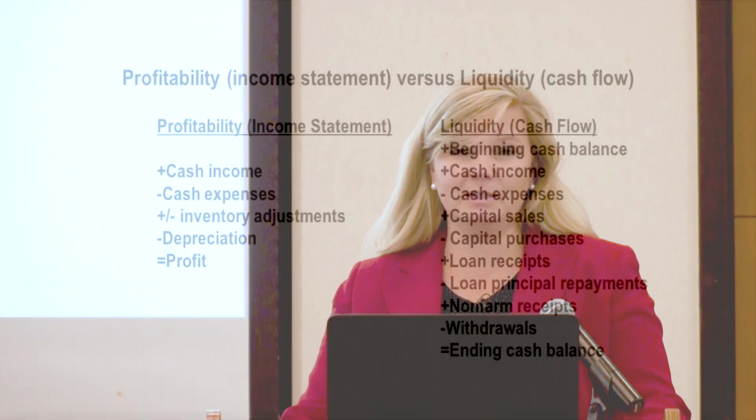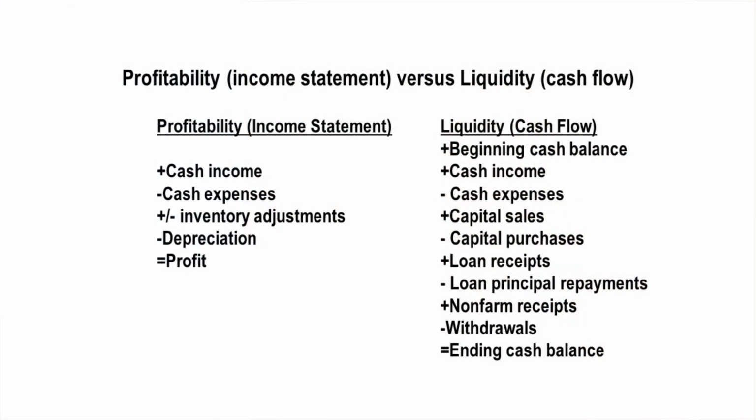All right. So what is the difference, right? We just talked about income and expenses. So what is the difference between cash flow and the income statement? The income statement is your income, your expenses, that inventory we talked about, and that depreciation. When you look at cash flow, that's where money is going. That's following the money around.